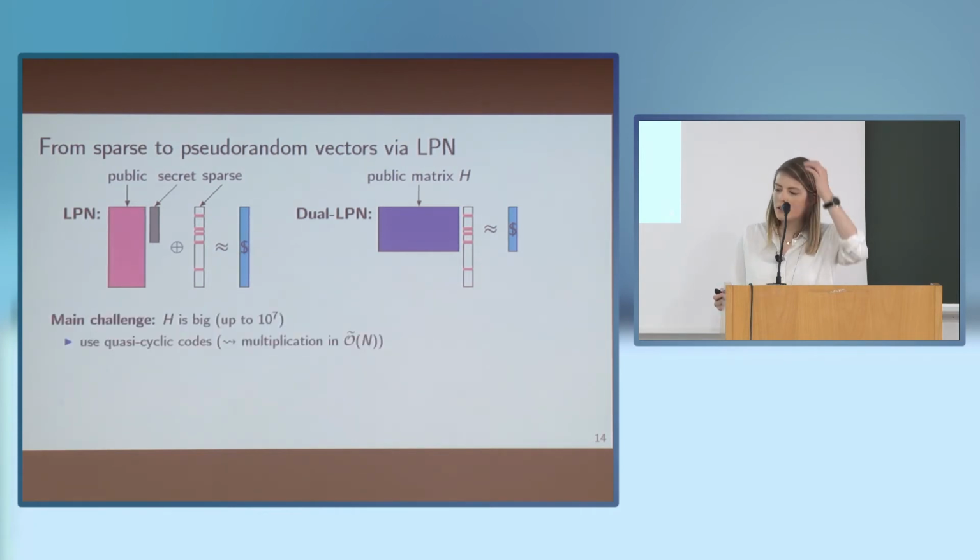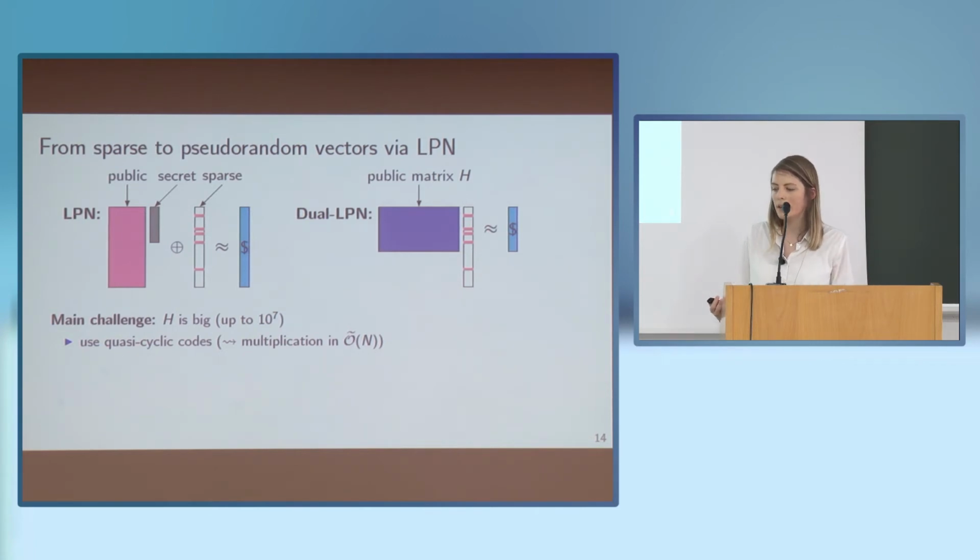The main challenge here is actually computing this product, because H will be big. As I said, if you're interested in getting many OTs, we consider up to 10 million OTs, so the dimension of this matrix will be very big.